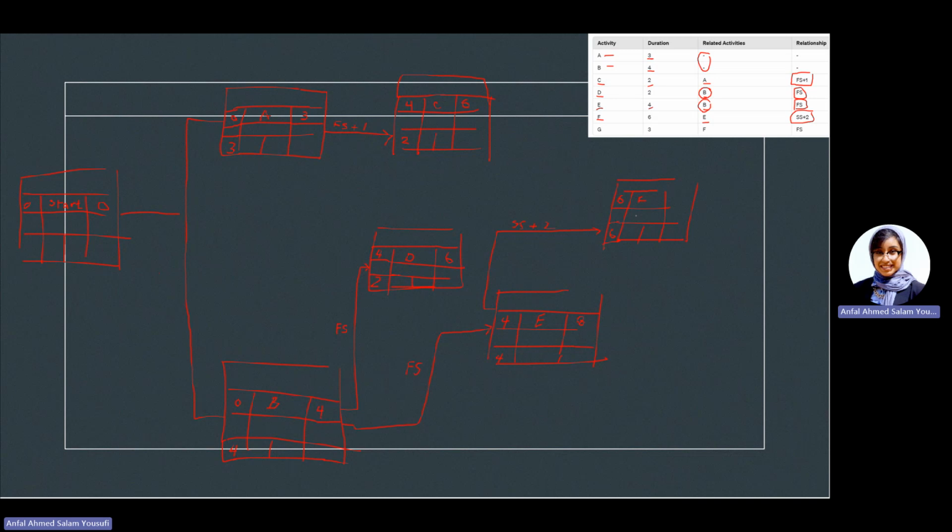So 6 plus 6 gives you 12. So the earliest you can finish activity F is in day number 12.